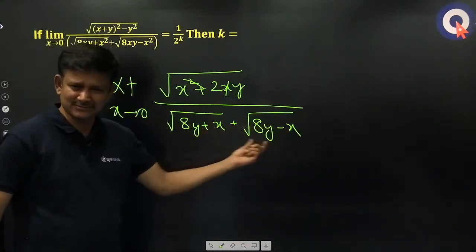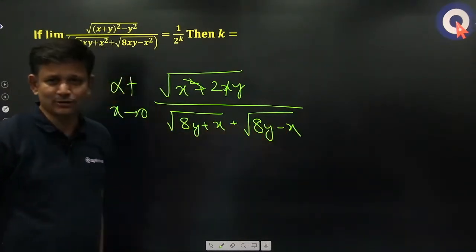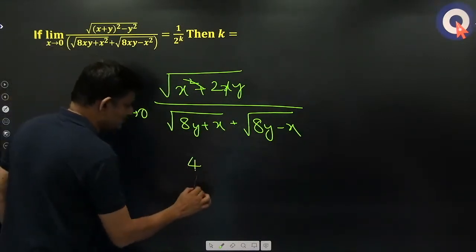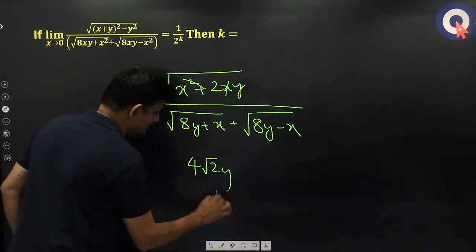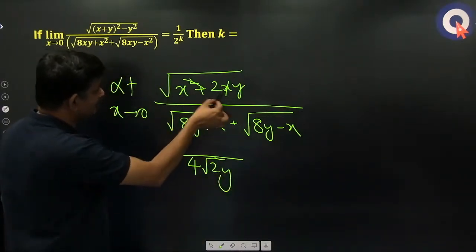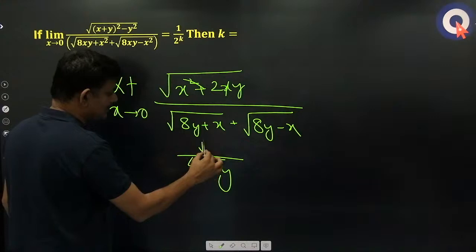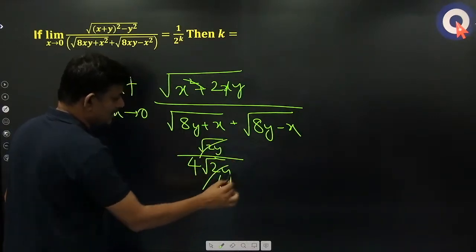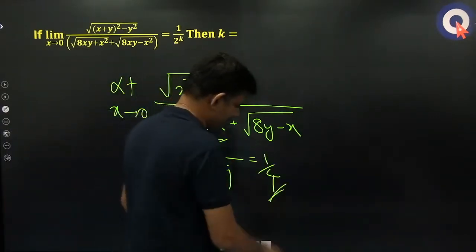So this is how much? Root 8y plus root 8y, which is 2 root 8y. 2 root 2 times 4 root y is the denominator. In the numerator, x tending to 0, root 2y. These two cancel, giving 1 by 4. That will be your answer.